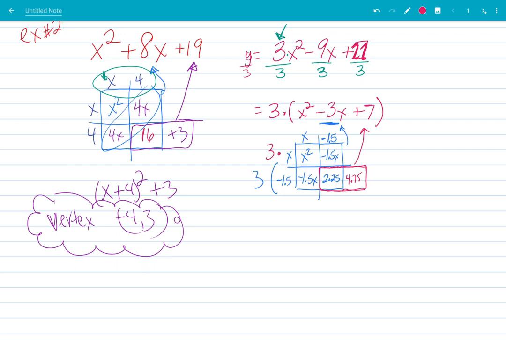So we have our twins, and so we have 3 times the twins, and then what you added here. And this is the function. Oh, by the way, what's the vertex of this thing?